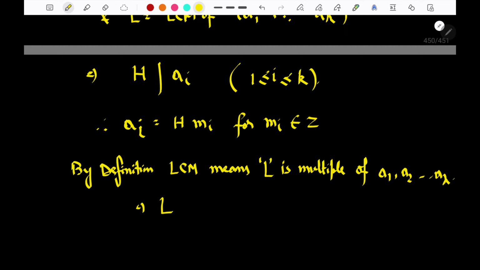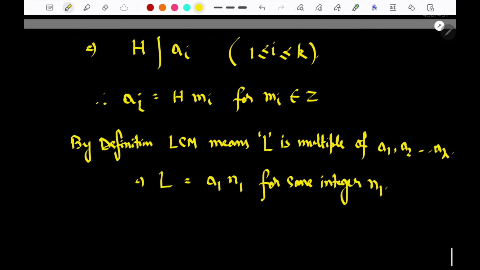It means L is a multiple of any ai, so let's say a1. We can write L equals a1 n1, for some integer n1.